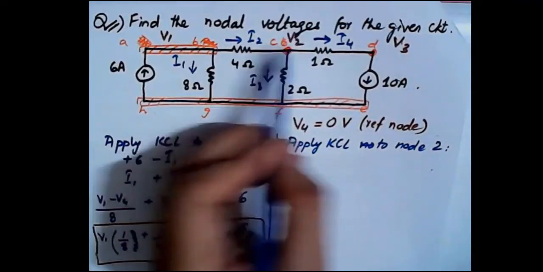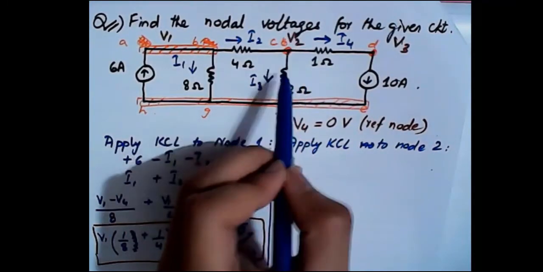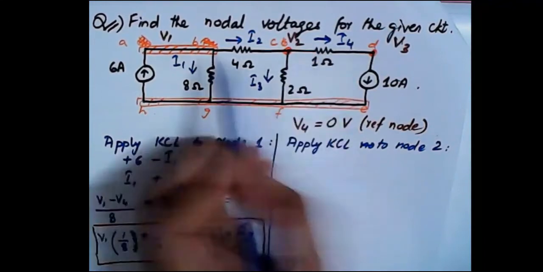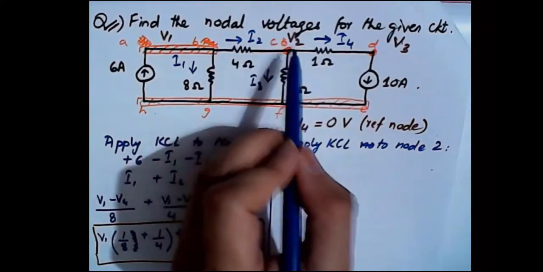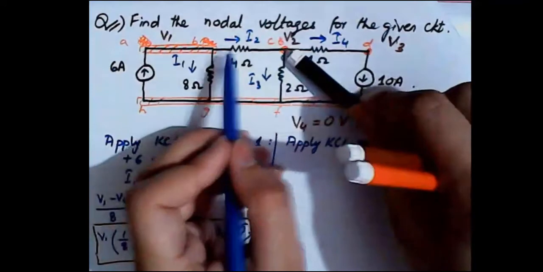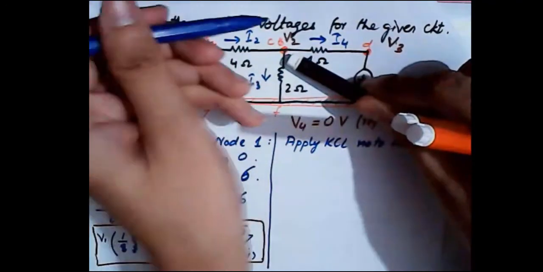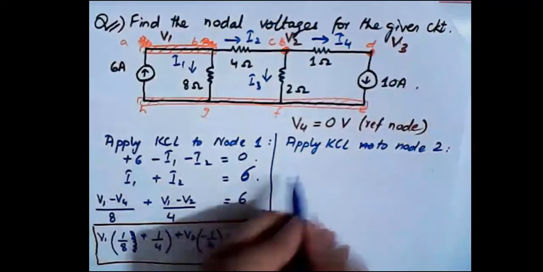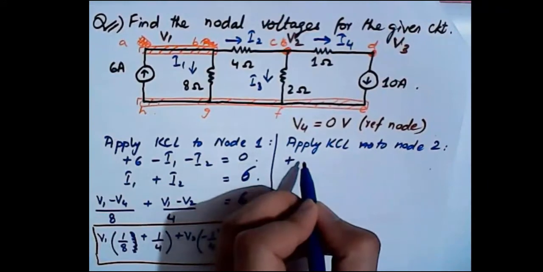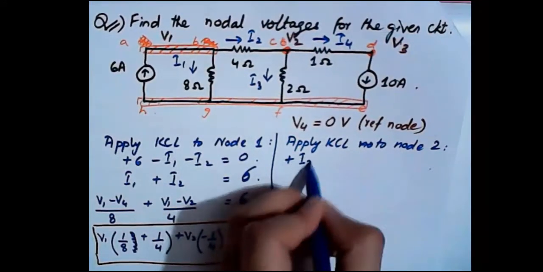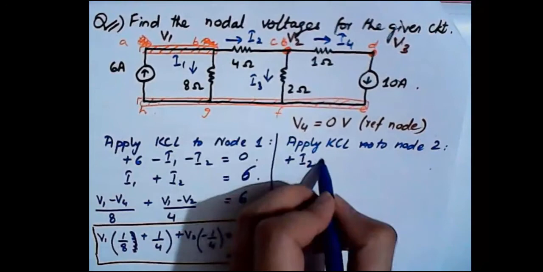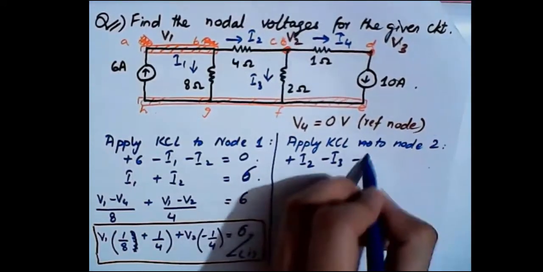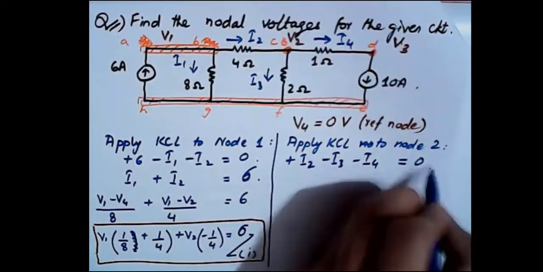I2 current is approaching this node, I3 is leaving, I4 is leaving. Since I2 is entering the node in this direction, it will be taken as plus I2. I3 is leaving, I4 is also leaving, so minus I3 minus I4 is equal to 0.